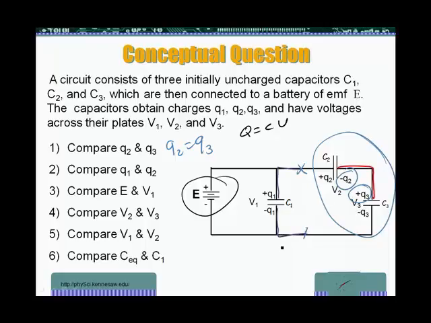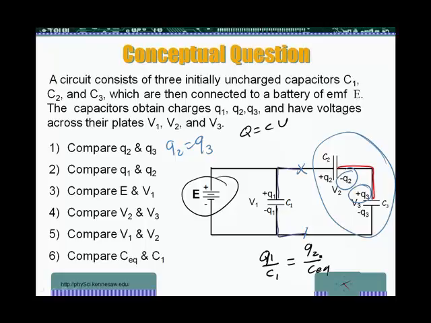Since these are subject to the same voltage, then we can write Q1 over C1 is equal to Q2 over C equivalent. Okay, this is all we can do so far.